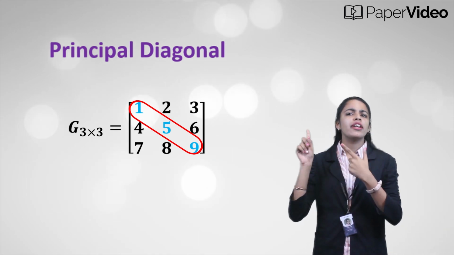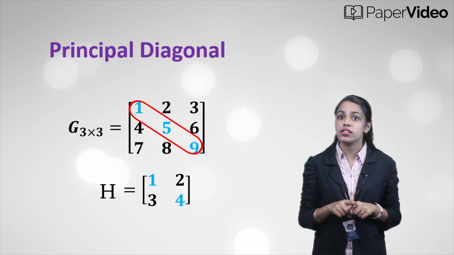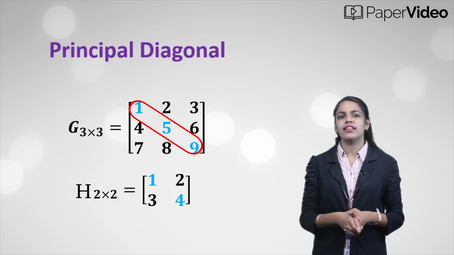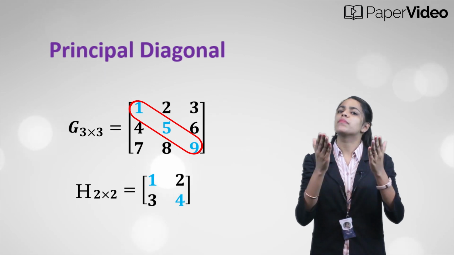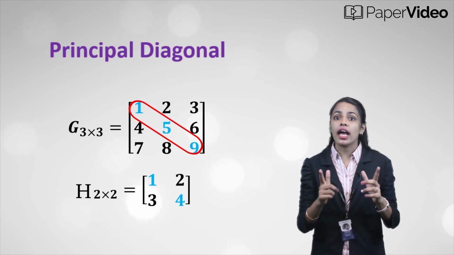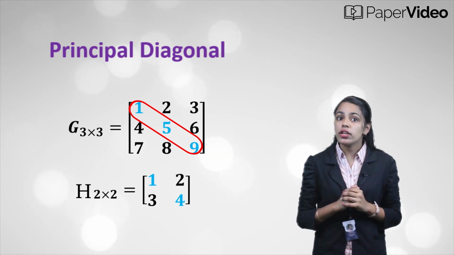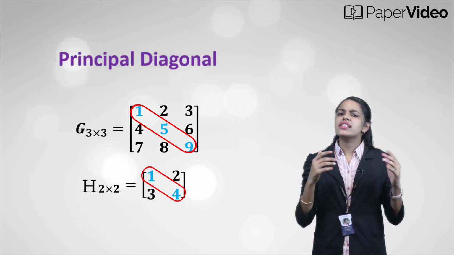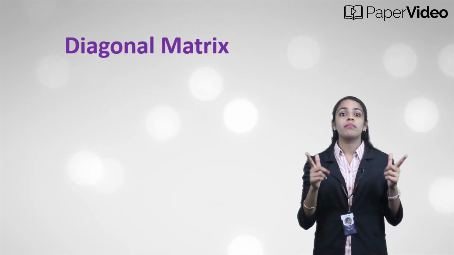Similarly, if matrix H is a square matrix of order 2 into 2, then this diagonal is known as its principal diagonal. Therefore, principal diagonal is the diagonal from upper left corner to bottom right of a square matrix.